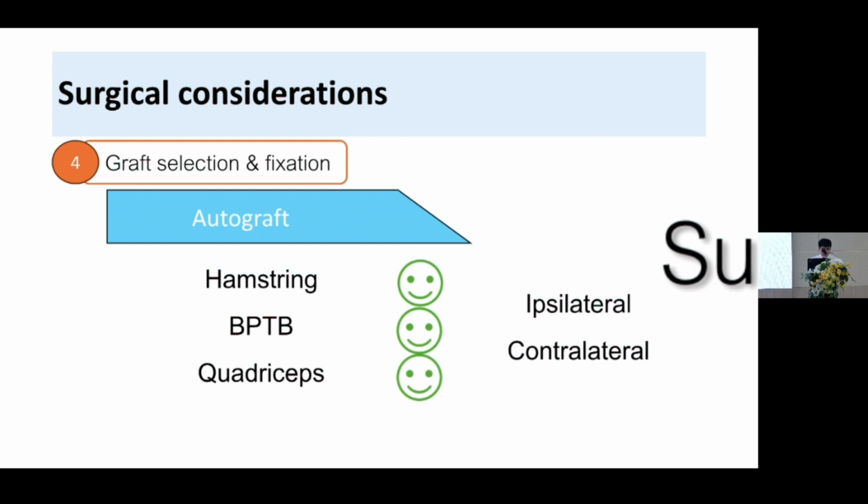However, ipsilateral BPTB reharvest has been proposed in some journals, but is not recommended due to the higher rates of complication and poorer functional score. The one disadvantage of the hamstring is related to the graft size, which may be a limitation in the severe tunnel enlargement.